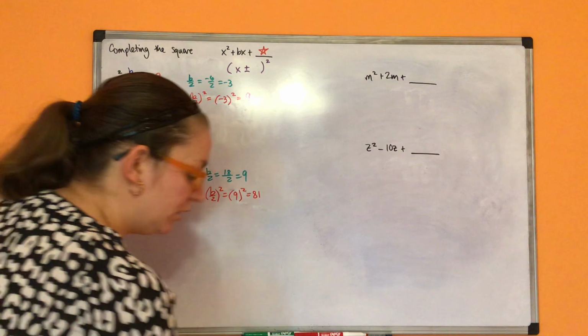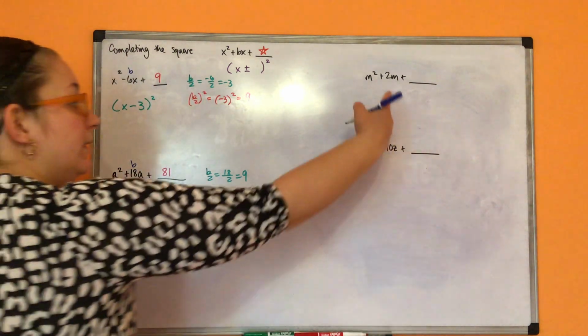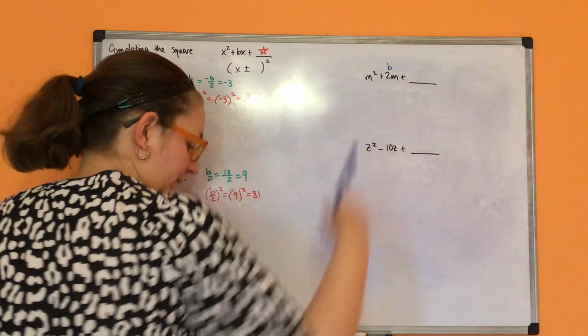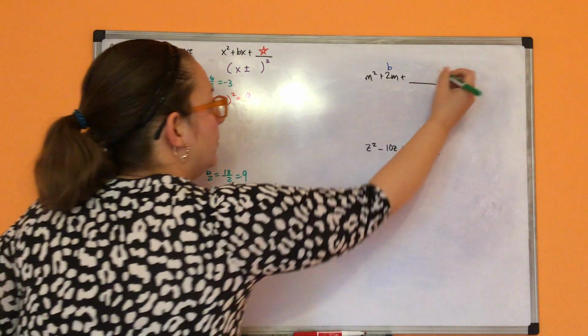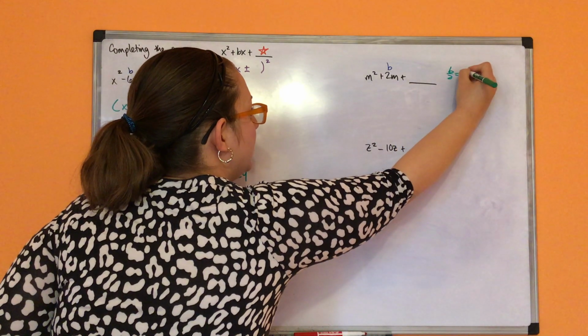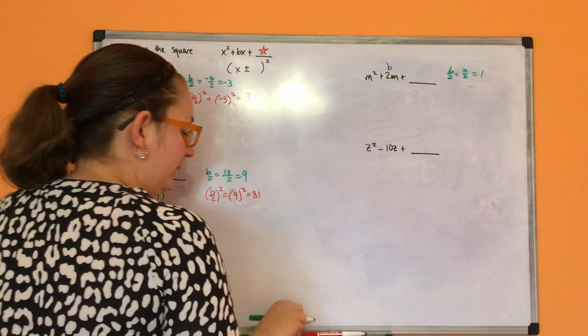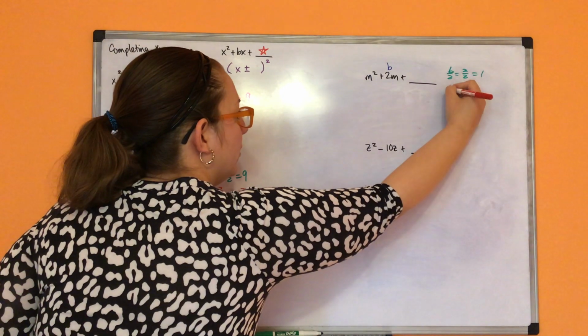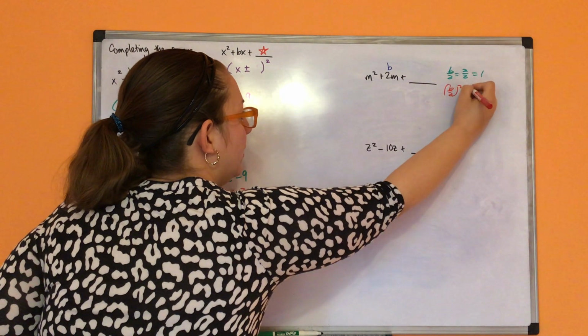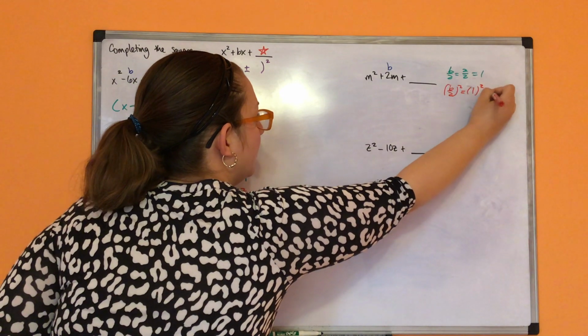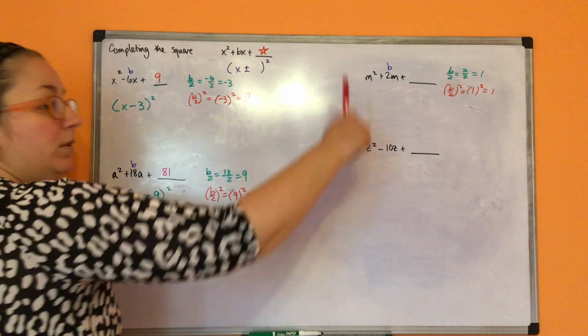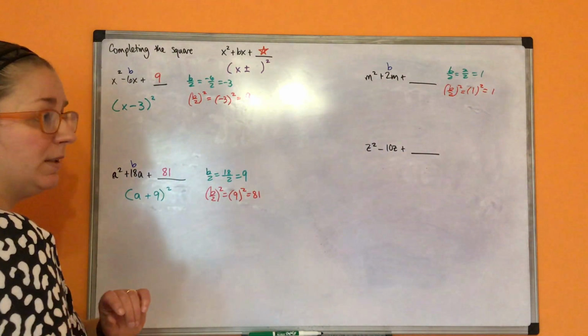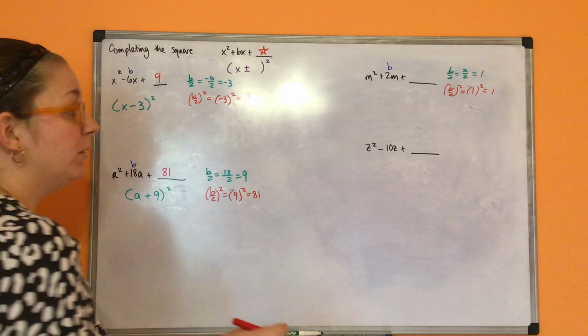A couple more just to make sure we really got it. This time my b number is 2. b divided by 2 is 2 divided by 2, which is 1. So b over 2 squared is 1 squared, which is also 1. When you deal with ones, you end up with the same number in both spots sometimes, and that's okay.